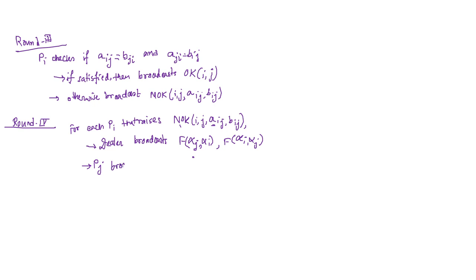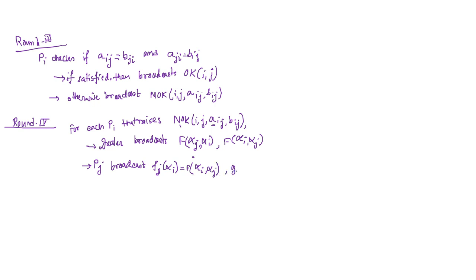Pj broadcasts fj of alpha i. So this corresponds to its own version of f of alpha i.